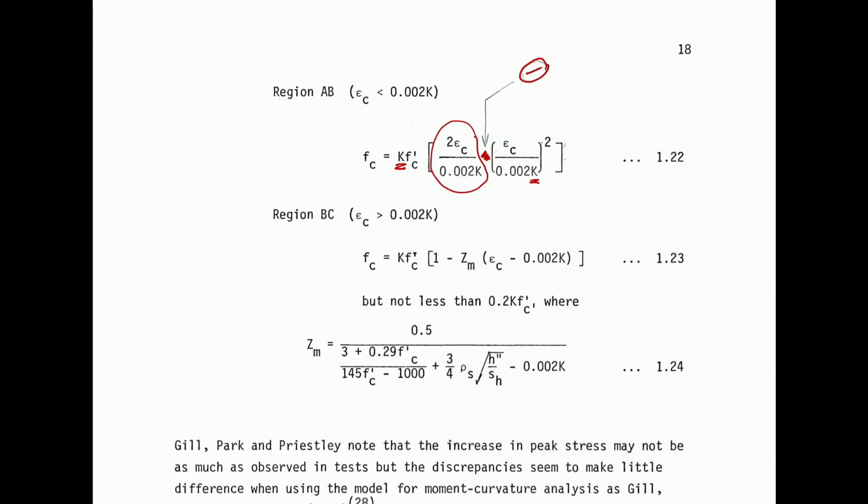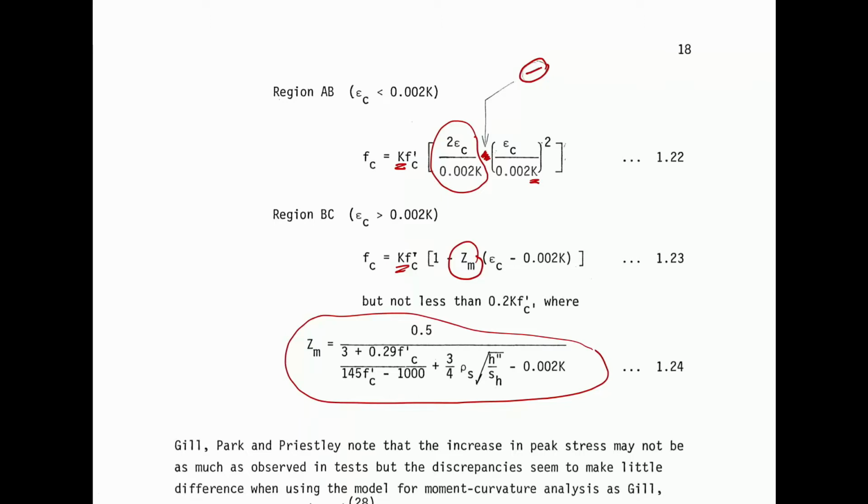Likewise, for the declining slope, the declining curve after you reach the peak, you have the K as well, F prime C, Zm. But you can see that the calculation here is more complicated than the one before, due to the fact that more experiments were carried out, and they are more precise in this.